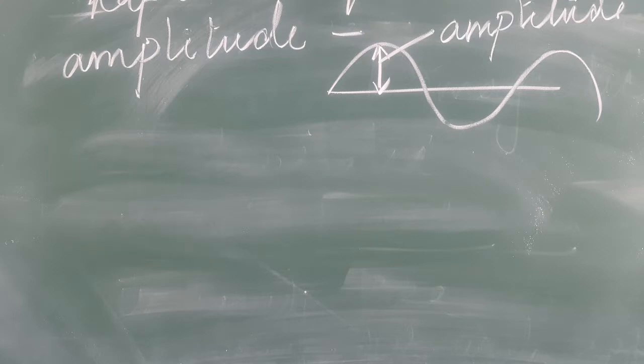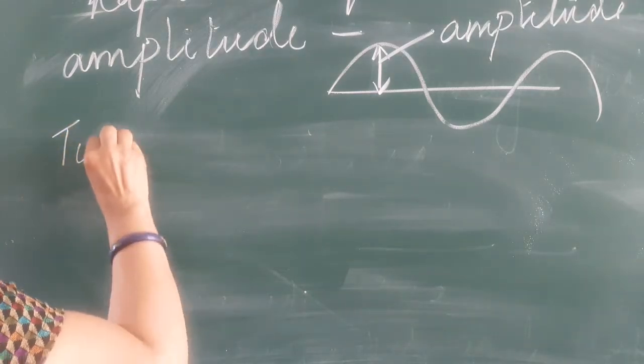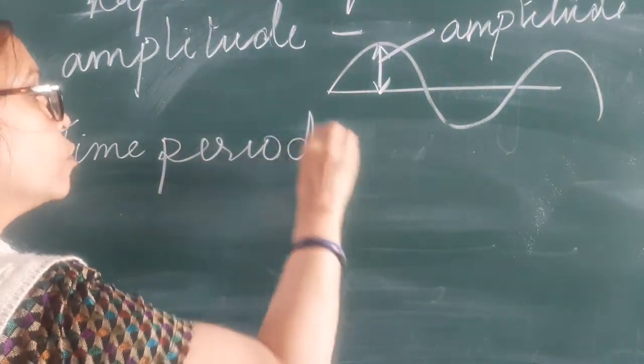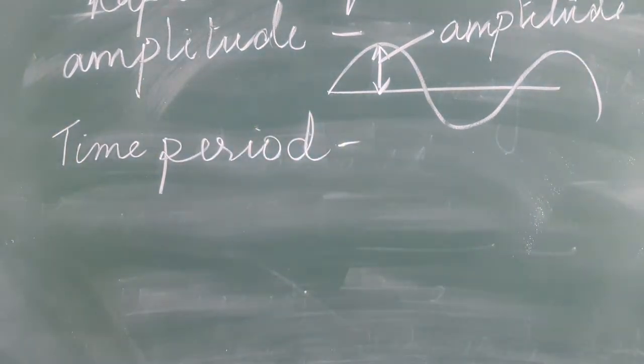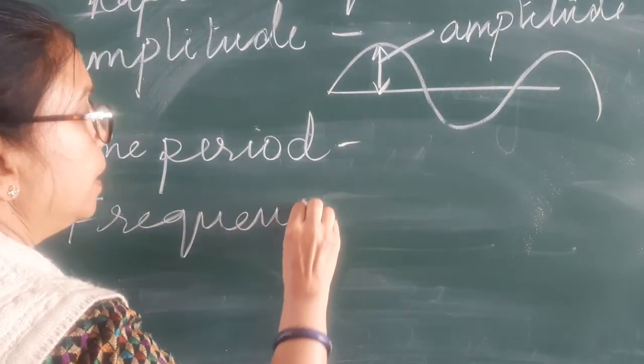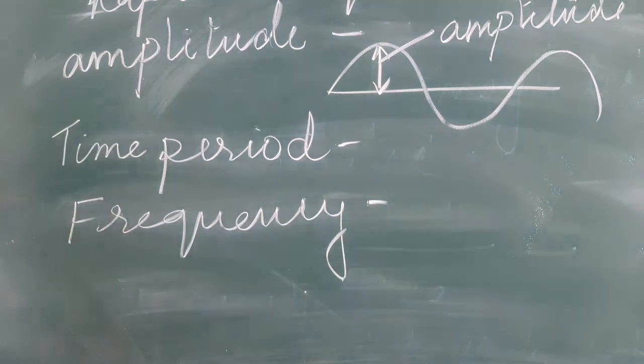Now what is time period? The time taken to complete one oscillation is the time period. What is frequency? The number of oscillations per second is called frequency.